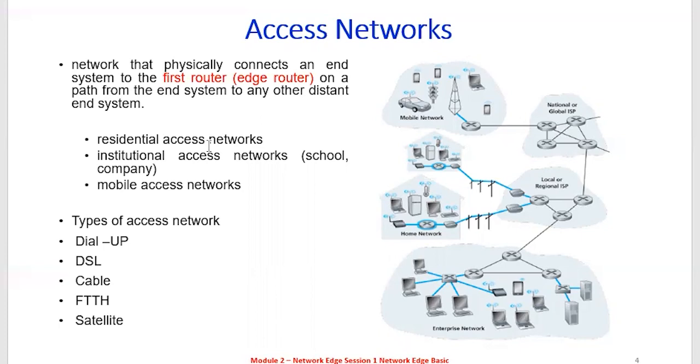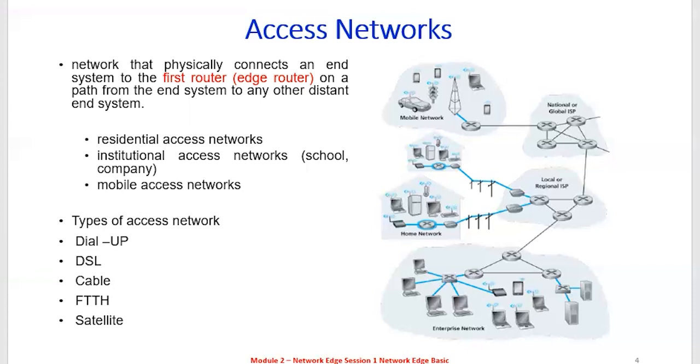And we can build access networks using various technologies: dial-up, DSL, cable access network, fiber to the home, and satellite access network. In the subsequent sessions, we are going to discuss these access networks in detail, their architecture, and how they work.